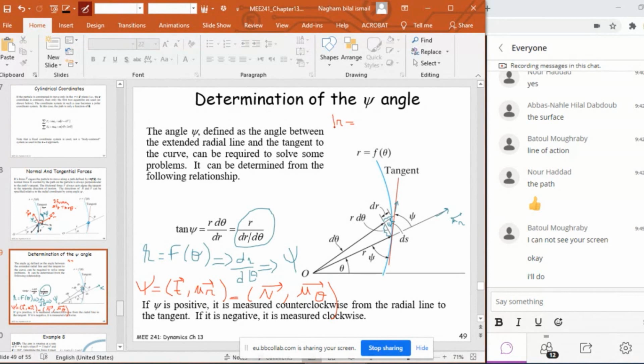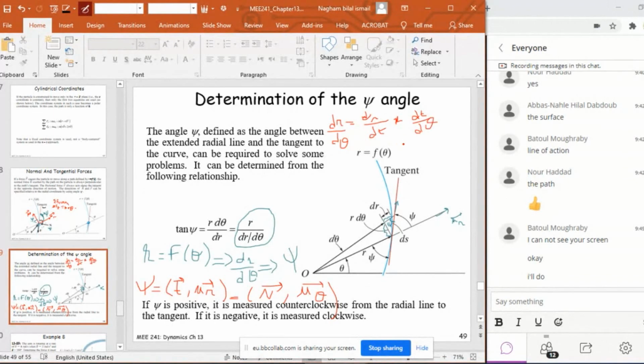Because I know, guys, that dr over d theta from the chain rule is equal to dr over dt times dt over d theta.